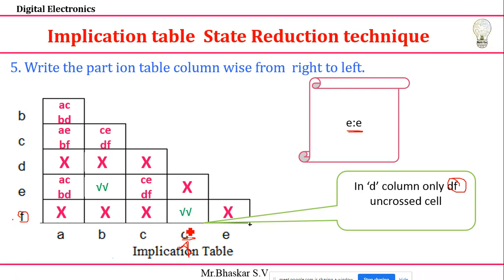Then you need to write these two. If it is a tick mark, then how to write from D? I'll write D. You need to carry forward this state E as it is. You need to write E here, and D and F. Write DF also. Just see that D, I'll carry forward this state E, and I'm going to write D and F.